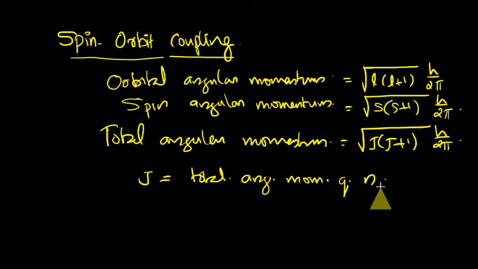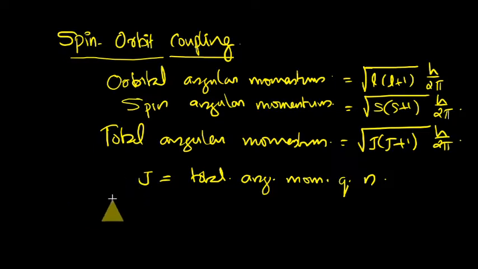So now we have introduced a new quantum number J, the total angular momentum quantum number. We have to be very careful when we are talking about it. How are we getting the total angular momentum? We can think of it in two ways.